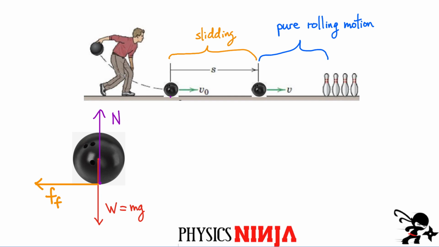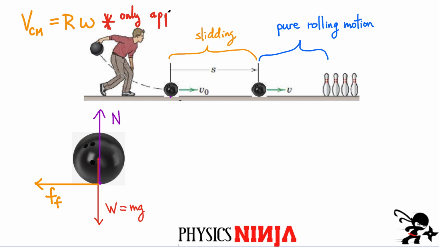One thing that is important about this problem, and if you've looked at a little bit of rotation, you've probably seen this formula: the velocity of the center of mass is equal to the radius times the angular velocity. However, one really important property of this equation is that it only applies if it's rolling.